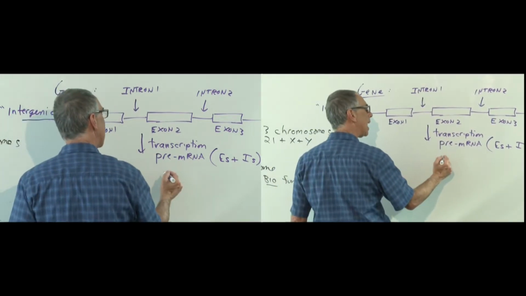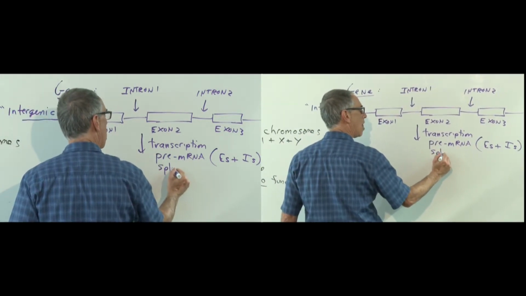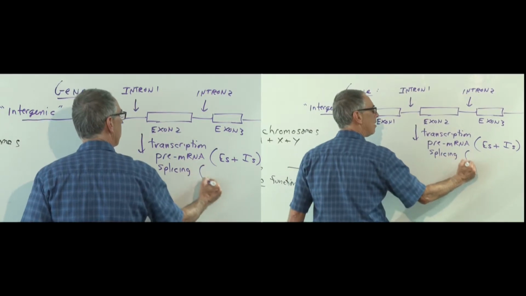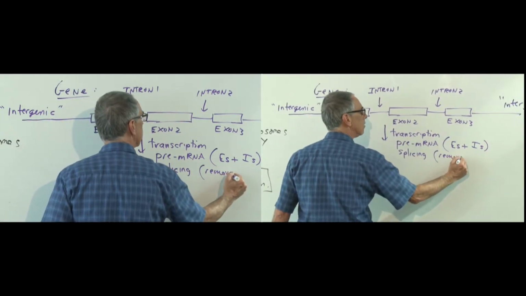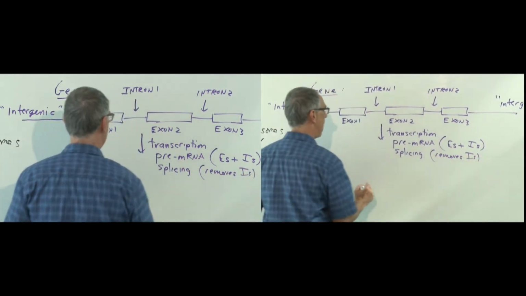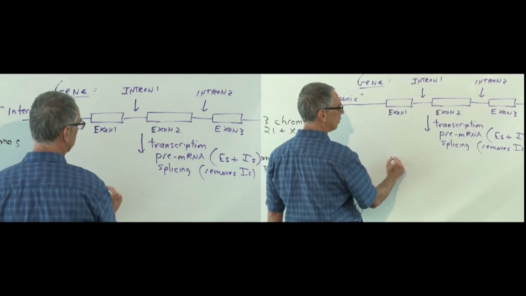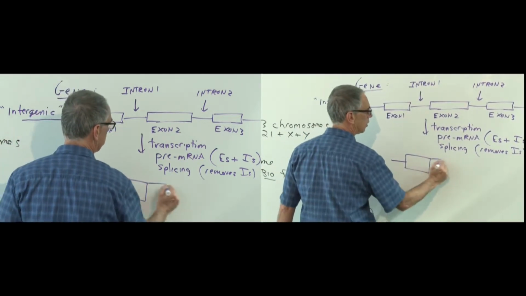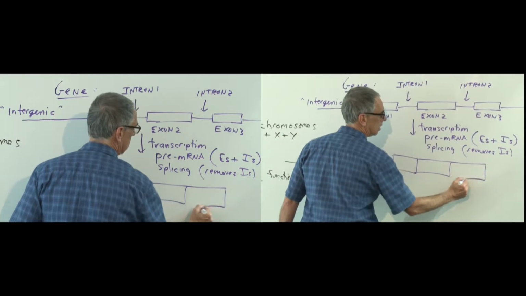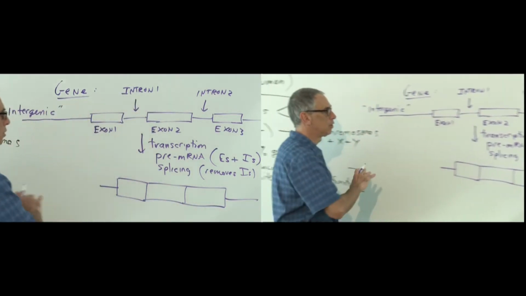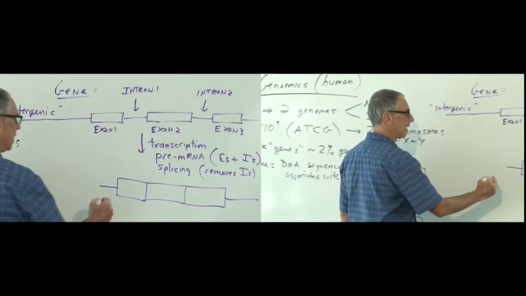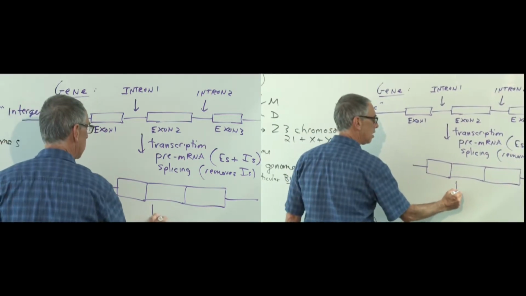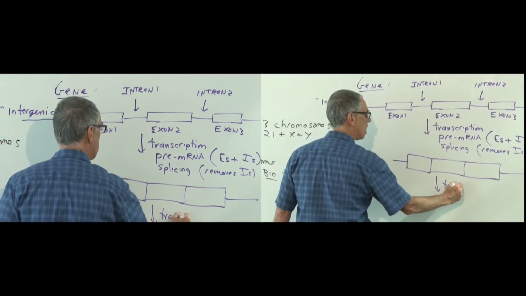But then there's a splicing step that removes the I's, removes the introns, and then you get a messenger RNA, which is kind of what you would expect, which are the 3 segments spliced together into a contiguous gene that can now be decoded through translation.